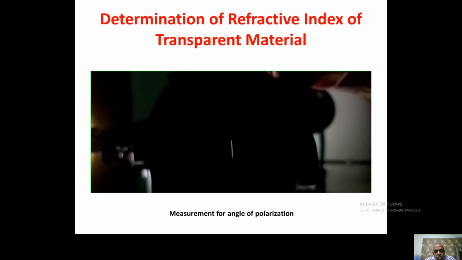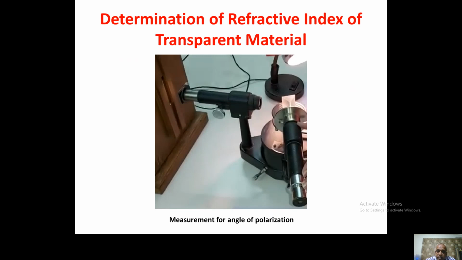Again, by changing the angle of incidence, the intensity observed becomes 0. This is the position of the angle of polarization, where the intensity observed through the telescope is 0. Then write down this reading for the angle of polarization.